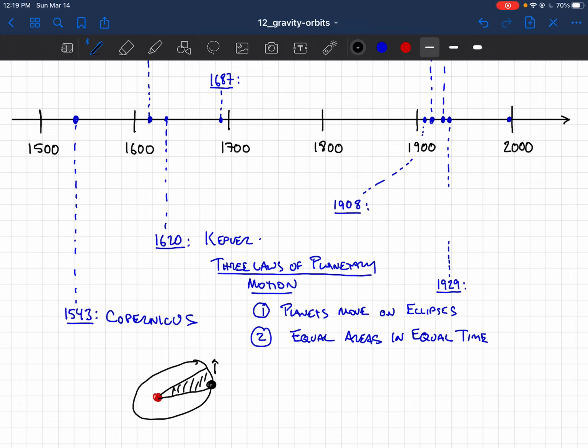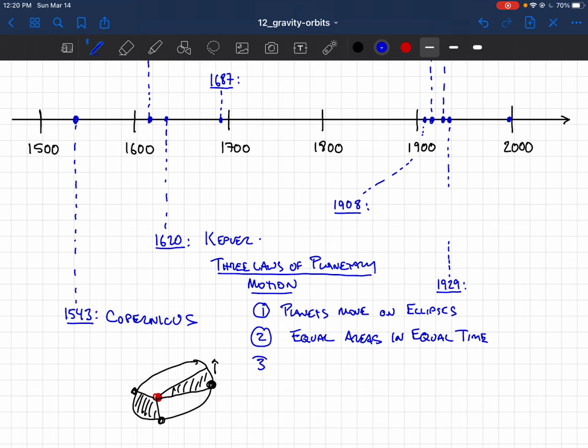So if you look sort of closer to the sun, it looks something like that for an equal time interval. And of course what that means is that the planet goes faster as it gets closer to the sun in order to sweep out an equal area, which might require a further distance traveled on its path.